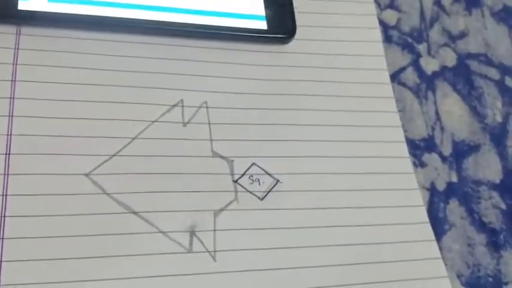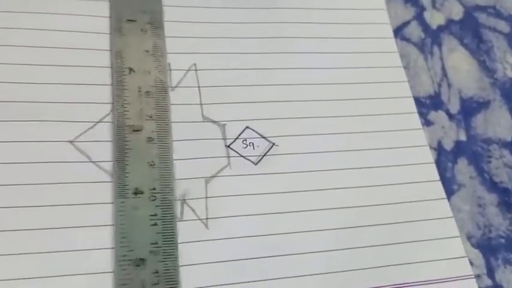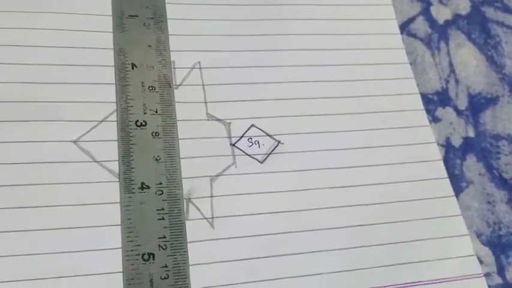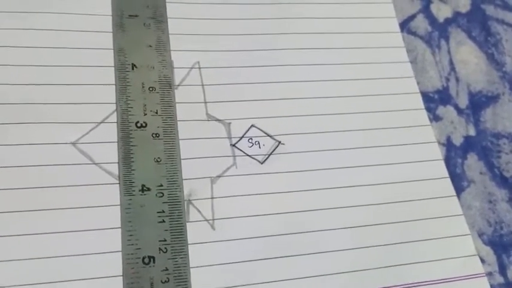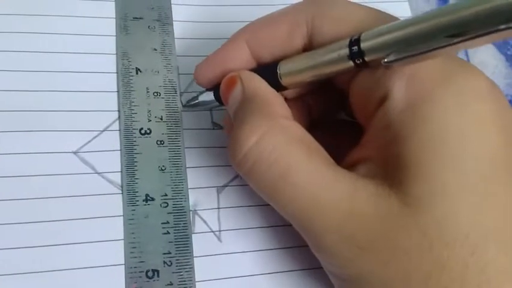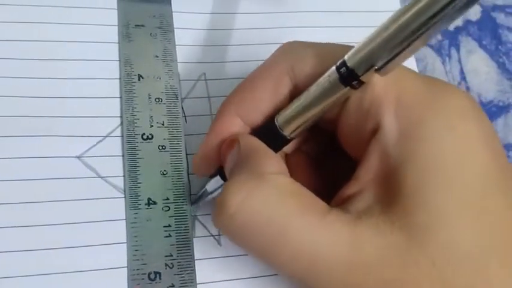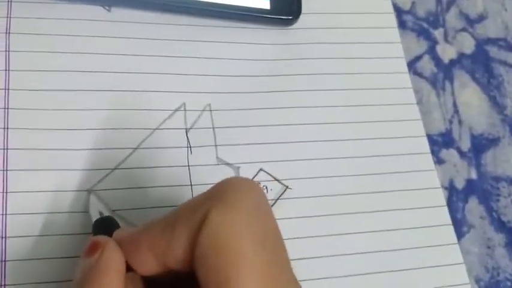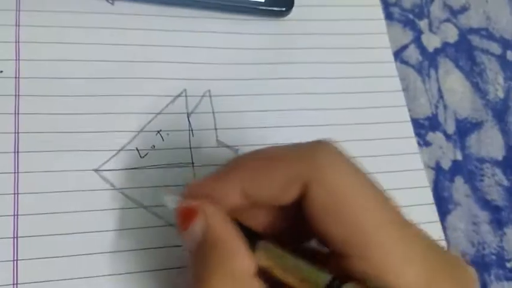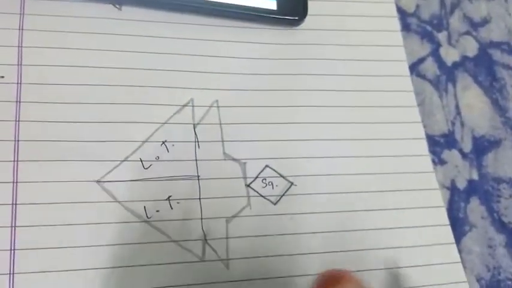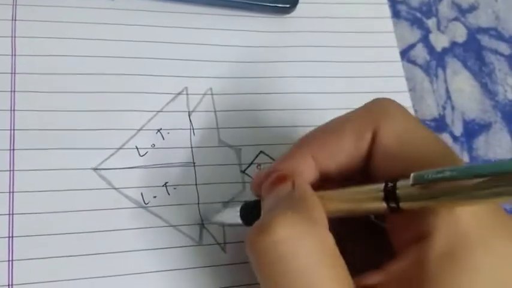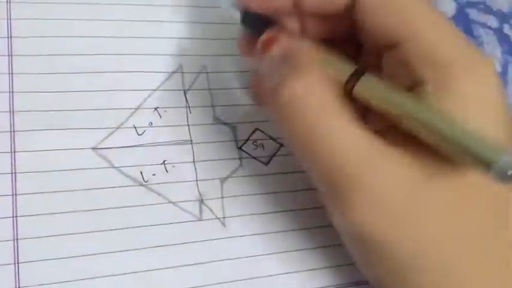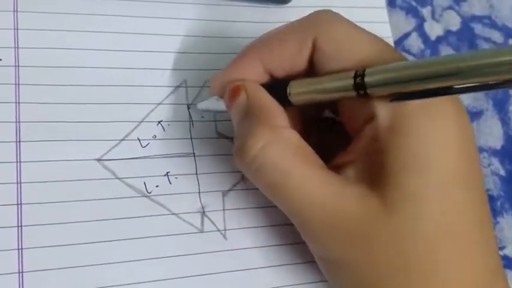Next, for the others, I am using the scale. I also find 2 shapes. Simply I find the 2 shapes, that is the large triangle. This is also a large triangle, right? Then whenever I draw this line, I also find 2 other shapes using this line.